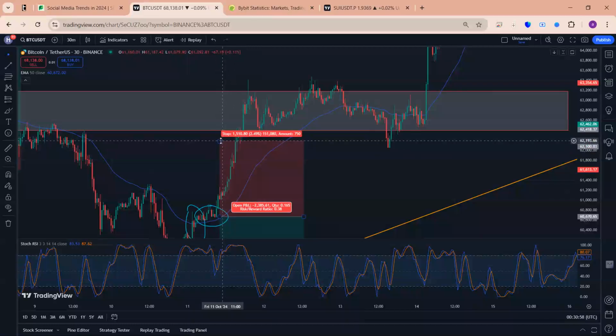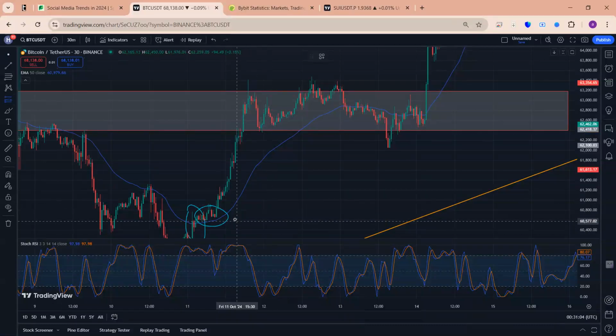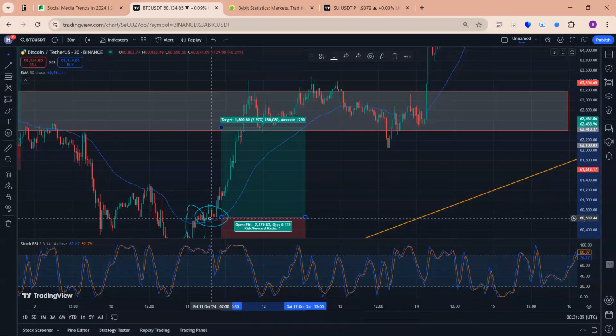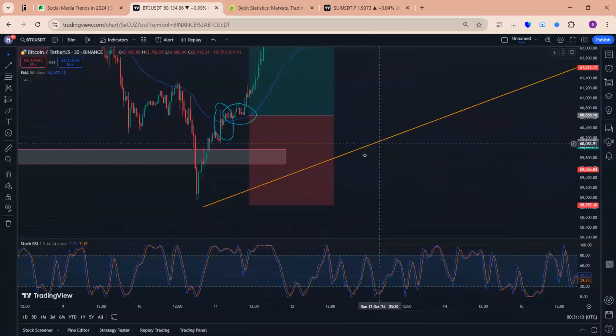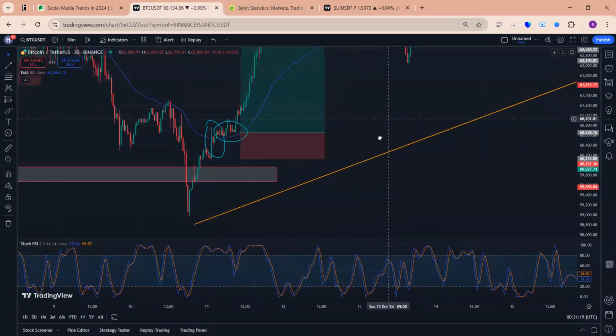So I'm going to delete this and go for the long position. Like I said, I will not enter this trade around this level because it is now above my 50 EMA. And I will set my stop loss around this level, still below my EMA.